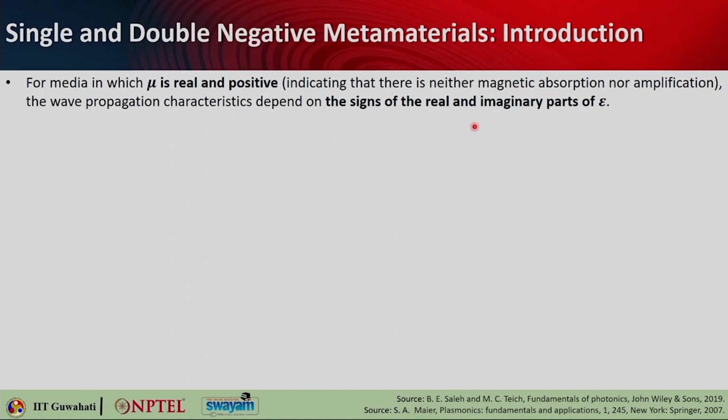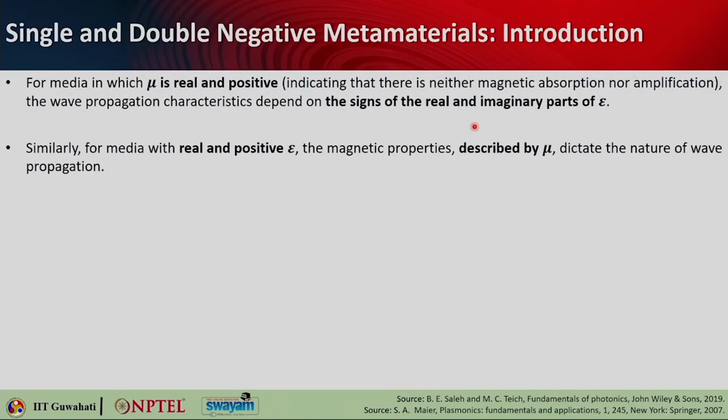Now if you remember, initially we discussed that at optical frequencies most natural materials are known to be non-magnetic. So their mu you can simply take as mu r, or you can say mu r is basically 1. So mu is the same as mu naught, okay, they do not have any magnetic properties.